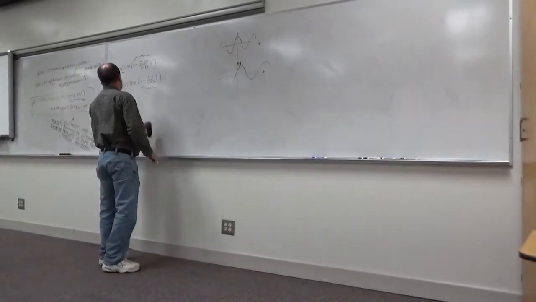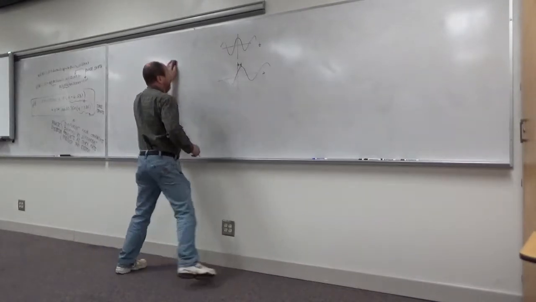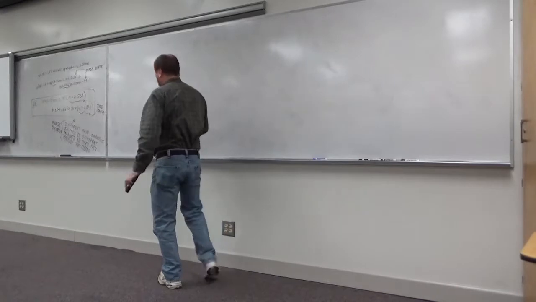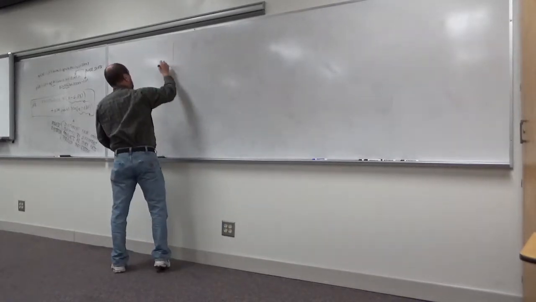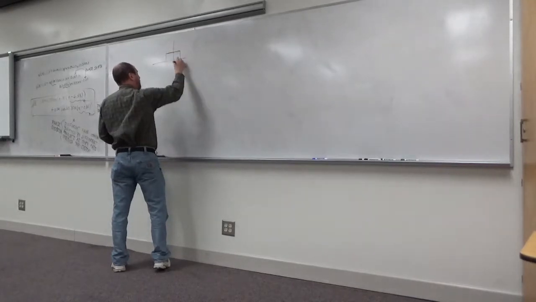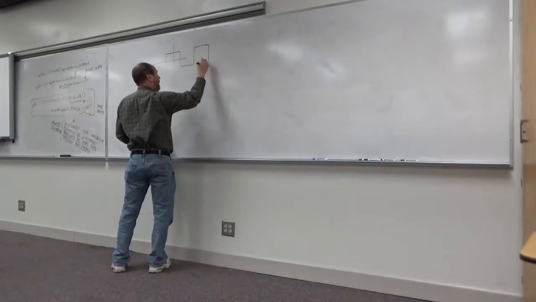Let me show you in continuous time what this means with an example that you've all surely seen at one point or another. You remember when we have talked about, let's say, a periodic square wave like this.